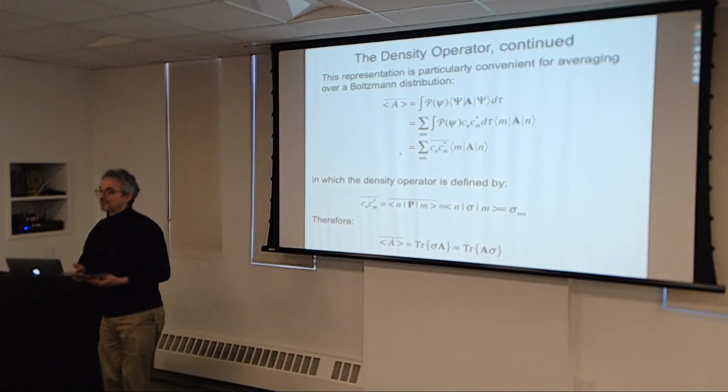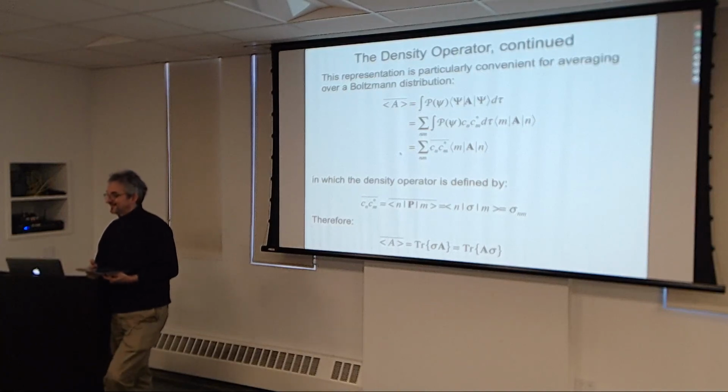We don't have to worry about it and be constantly thinking, how do I average over 10 to the 17th particles? Once we figure out how to calculate the density operator, the Boltzmann averaging is done. And what seems to be a really, really complicated problem turns out to be not so complicated, as long as you're not a statistical physicist arguing over whether the story I told you is true.